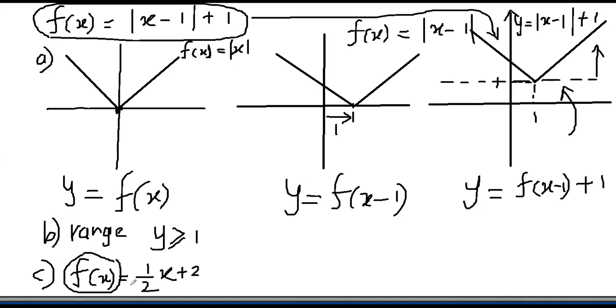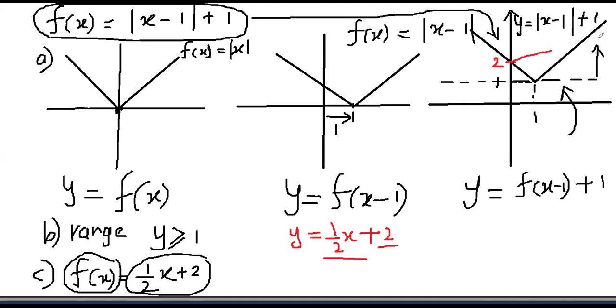Then we want to solve this equation. Therefore, we want to draw this one. Consider it as y equals half x plus 2. Half x plus 2 means the intercept is 2 and the gradient is half. Therefore, the line is like this.